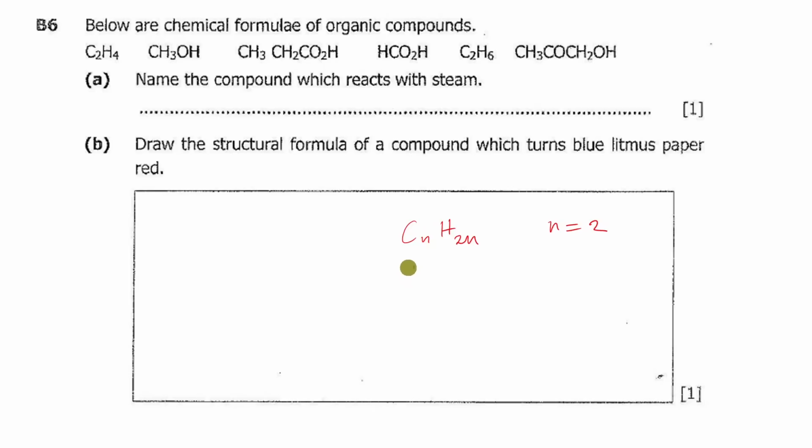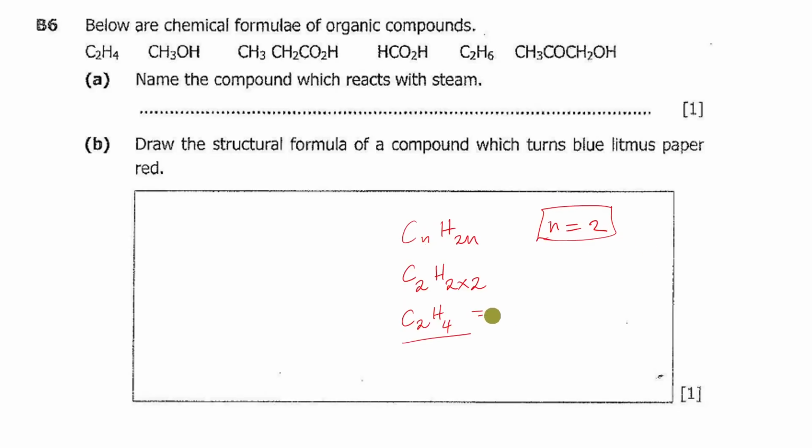Where there's n, I'll put 2. So this will be C2, then H, 2 times 2, 4. So this is the first family member of the alkenes, with n equal to 2.